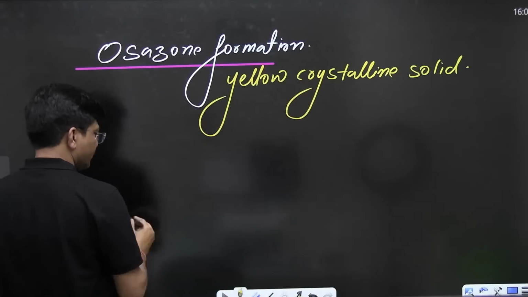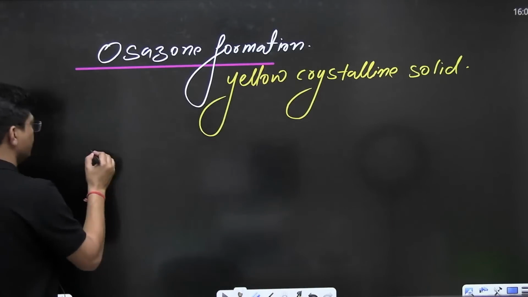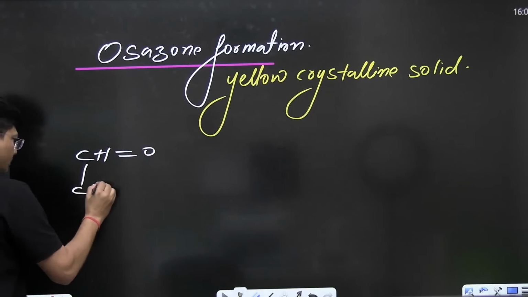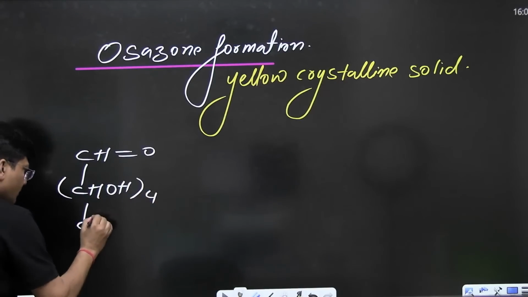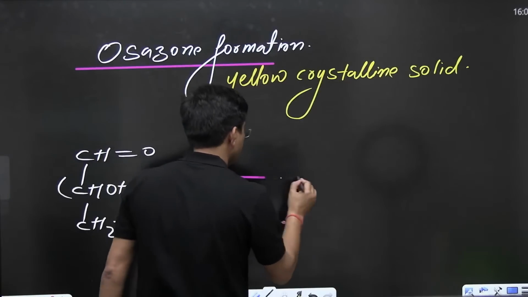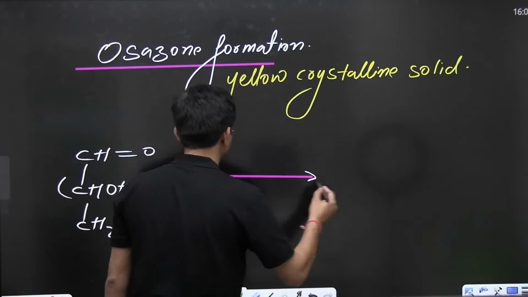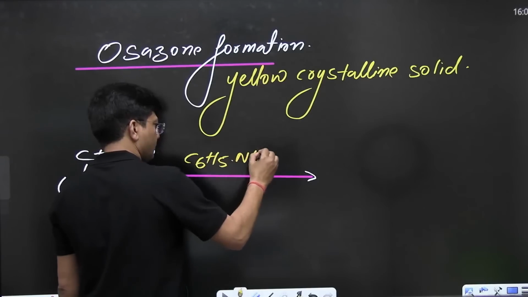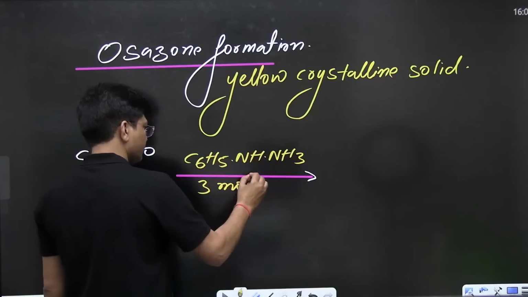So, this is your glucose. Now, this glucose on reaction with 3 moles of phenylhydrazine, how many moles? 3 moles.